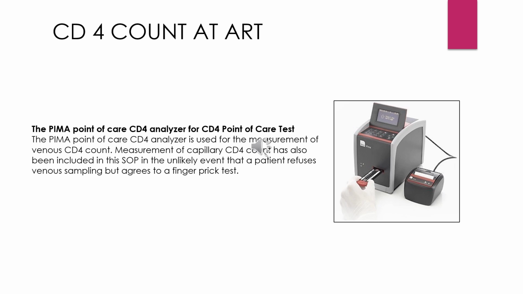The PIMA point of care CD4 analyzer is used for the measurement of venous CD4 count. Measurement of capillary CD4 count has also been included in the SOPs, provided in the unlikely event that a patient refuses venous sampling but agrees to a finger prick test.